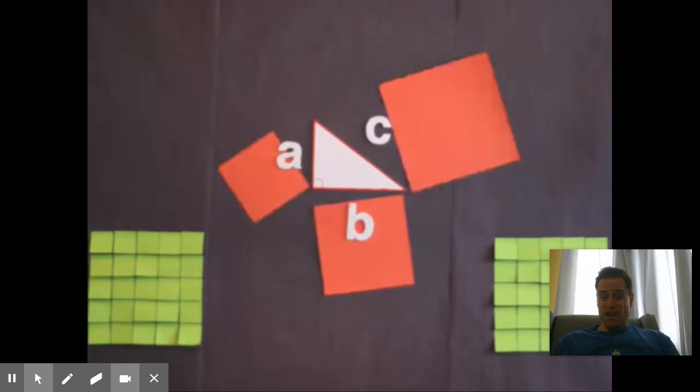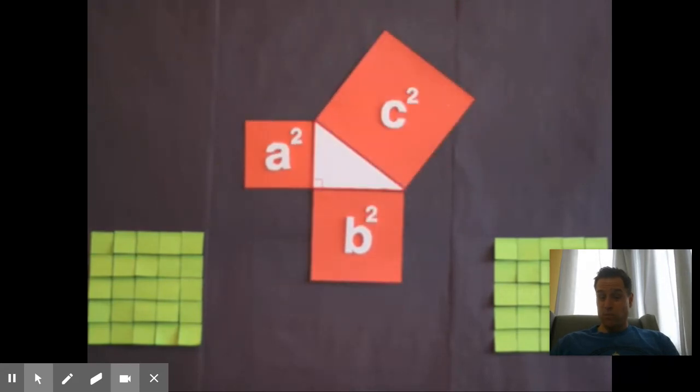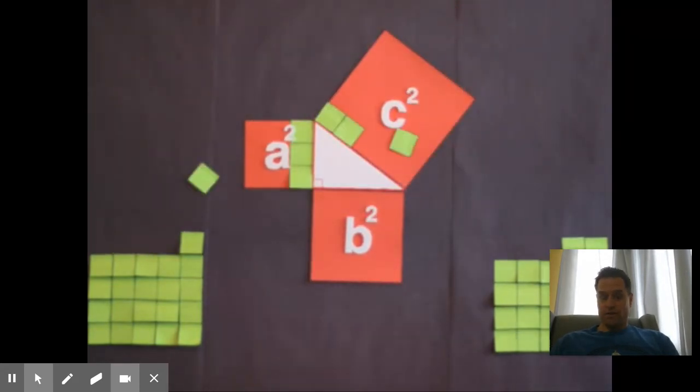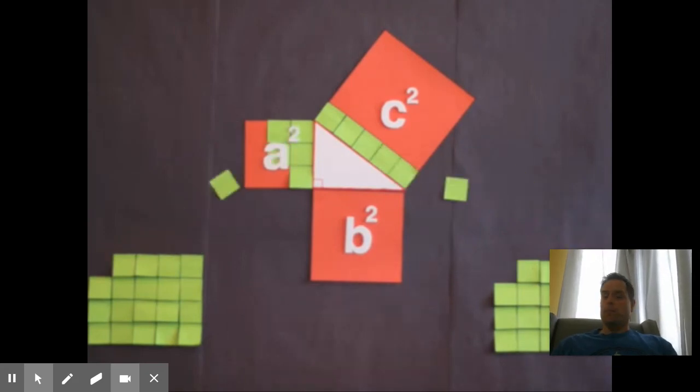A plus B equals C does not work, but A squared plus B squared always works. And you'll see that they will equal both sides.